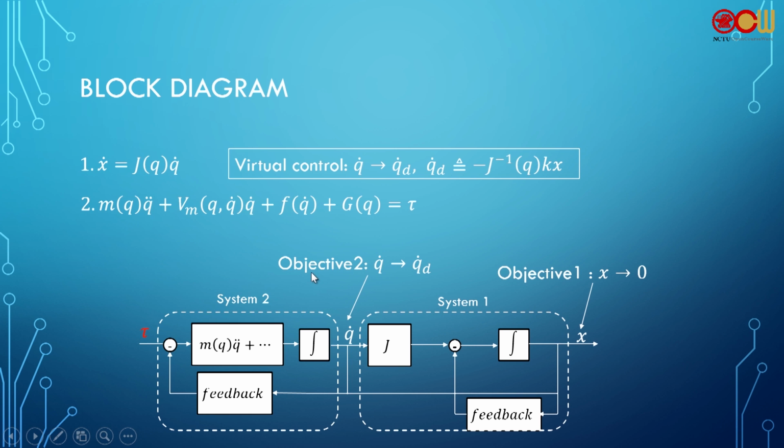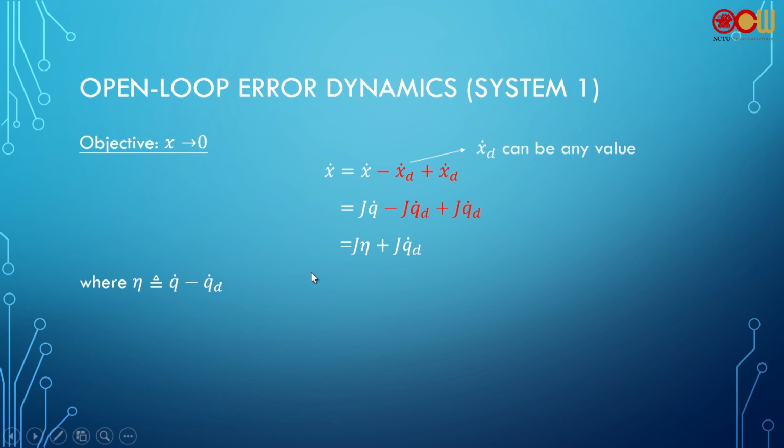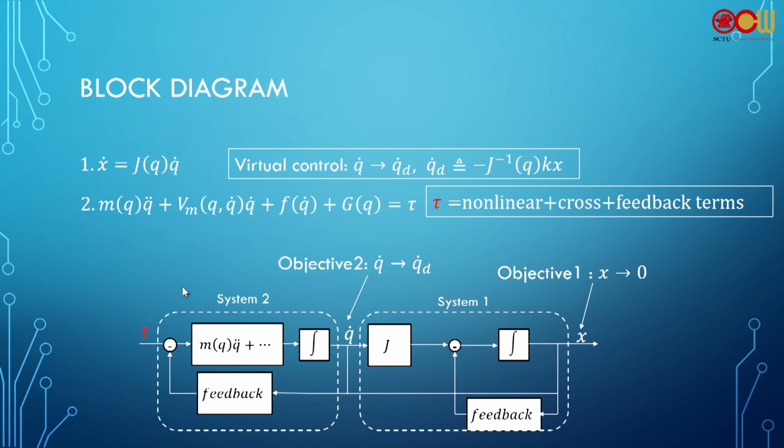Eta is the error signal between QD dot and Q dot. In the block diagram, Q dot is here. QD dot is a virtual control input. It's a user-defined signal, and it was defined to be this. It's a function of X.